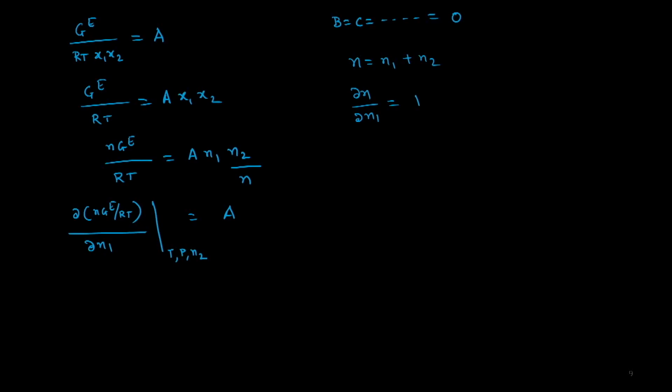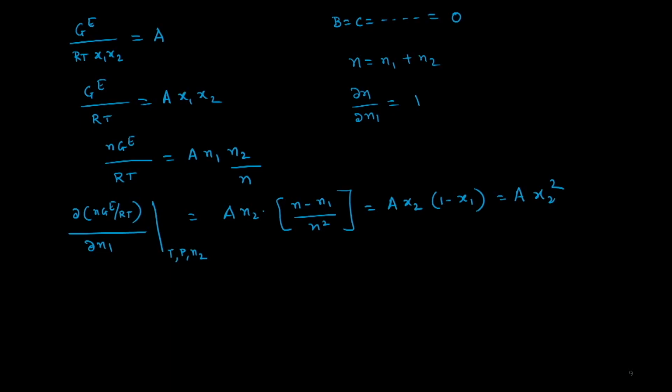So A is A, and N2 is constant. The derivative of N1 over N is N minus N1 divided by N squared. And if we simplify this, it is A x2, and that will be 1 minus x1. So that will be A x2 squared, right?